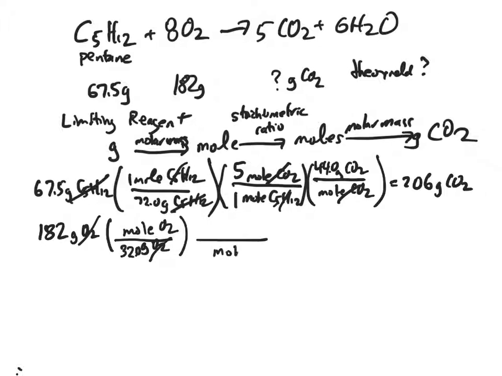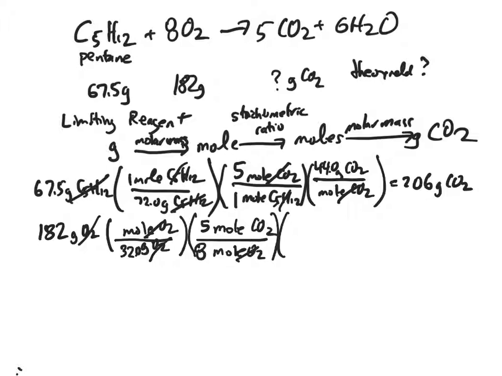Now we need our stoichiometric ratio that converts moles oxygen to moles carbon dioxide. And we look back up at our balanced chemical equation. 5 moles of carbon dioxide are produced for every 8 moles of molecular oxygen that's consumed. That's our stoichiometric ratio. So now moles O2 cancels.